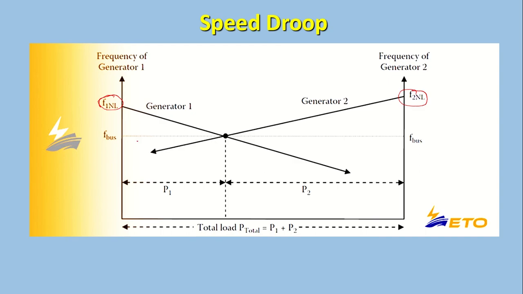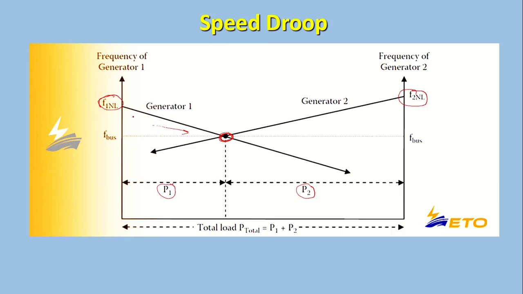As the generator load increases, the frequency decreases. This point is the busbar frequency. At this point, the two generator frequencies match each other in the parallel operation. Here we can see the load shared by number one generator is P1 and by number two generator is P2. So the total load is P.